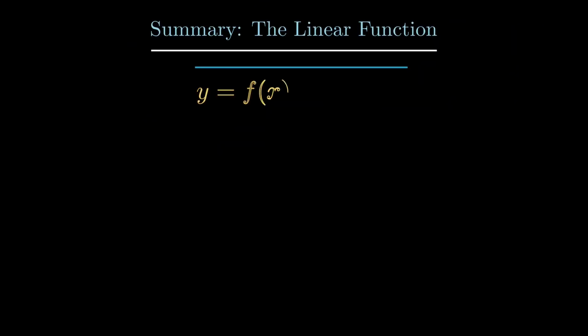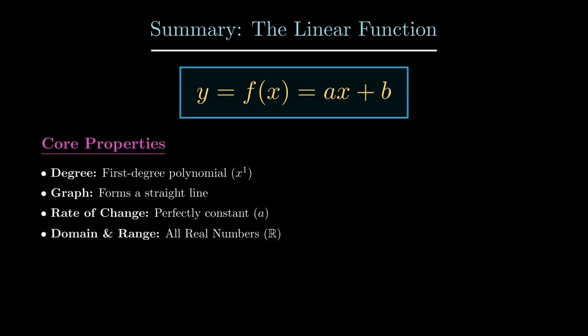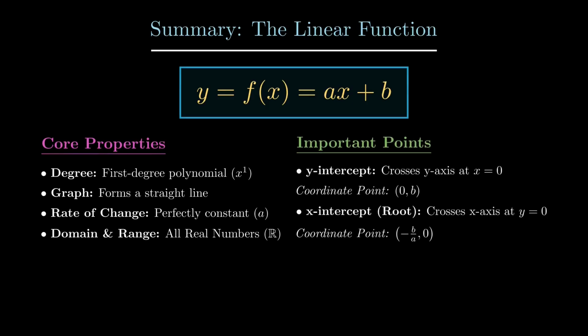To wrap everything up, let's look at a quick summary of the linear function. Everything we have discussed stems from the standard equation, y equals f of x equals a times x plus b. First, let's review its core properties. A linear function is always a first-degree polynomial, meaning the highest exponent on x is just 1.